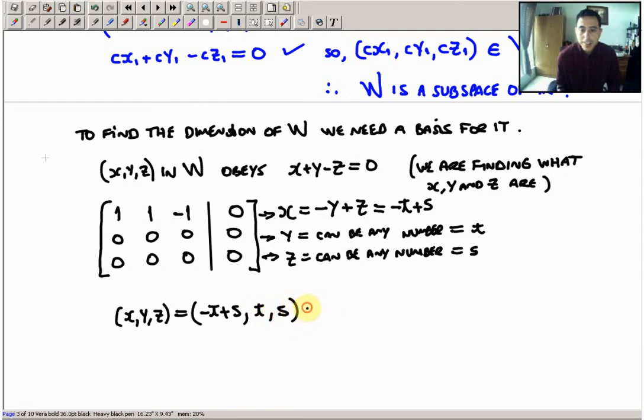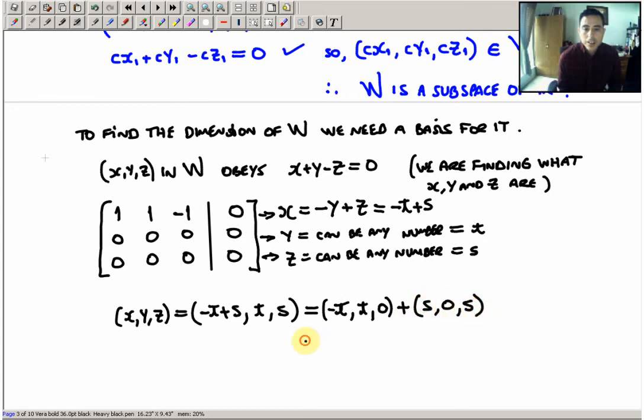Now let's split this so we can see what vectors are spanning W. Split that into two vectors, one with the t and the other with s.